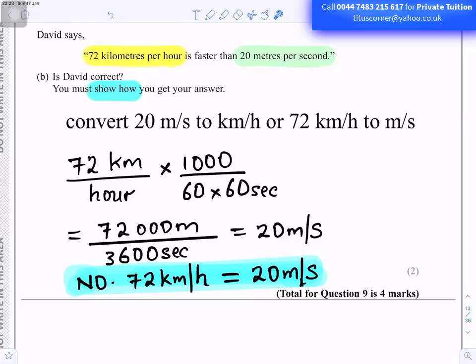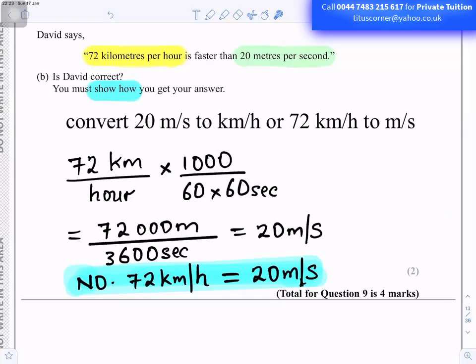You can convert 20 meters per second to kilometers per hour and compare them, or you convert 72 kilometers per hour to meters per second and compare them. You want them to be in the same unit, either meters per second, all of them, or kilometers per hour.